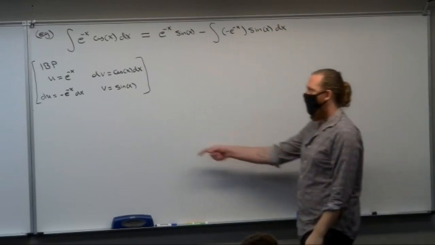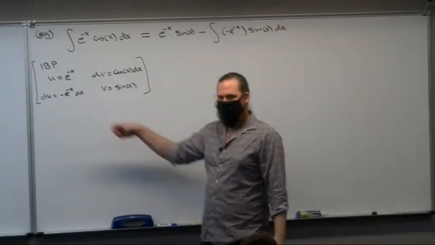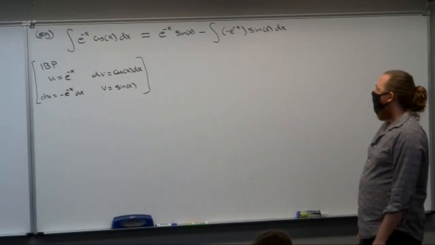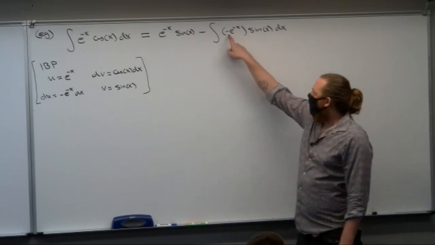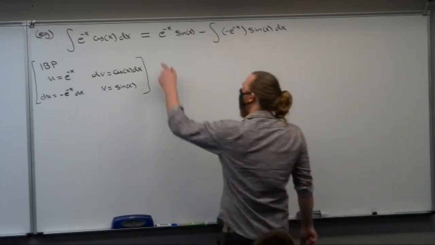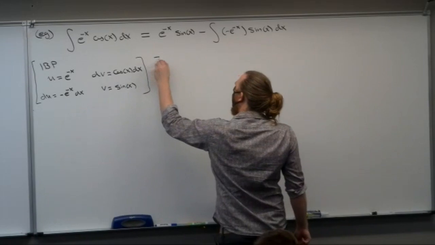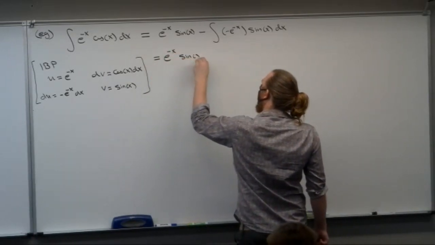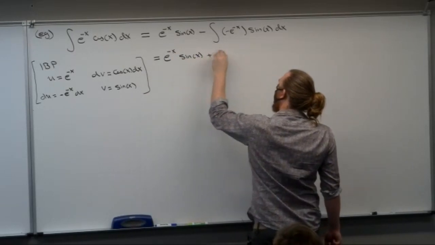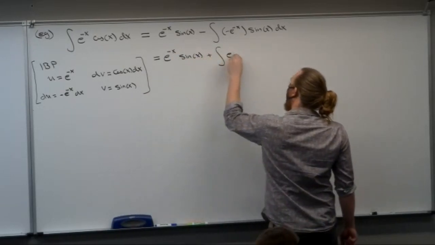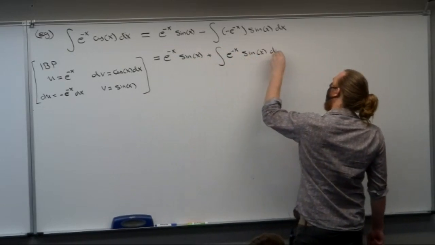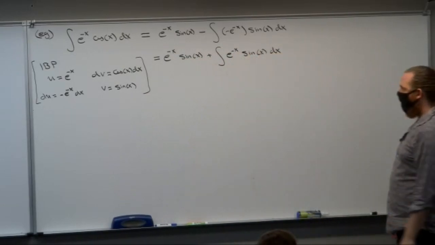I'm just choosing to bring the exponential out front because it looks nicer. The negative here can pop out, and I get plus the integral of e to the negative x sine x dx.